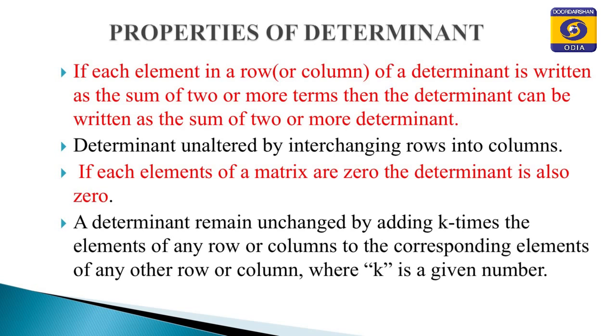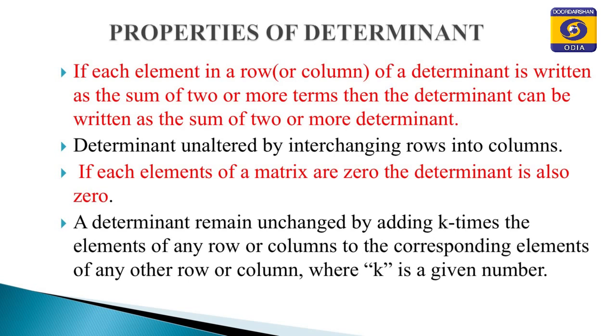Next, if each element of a matrix is 0, then the determinant value is also 0. The last property is a very important property. A determinant remains unchanged by adding k times the elements of any row or column to the corresponding elements of any other row or column, where k is a given number.